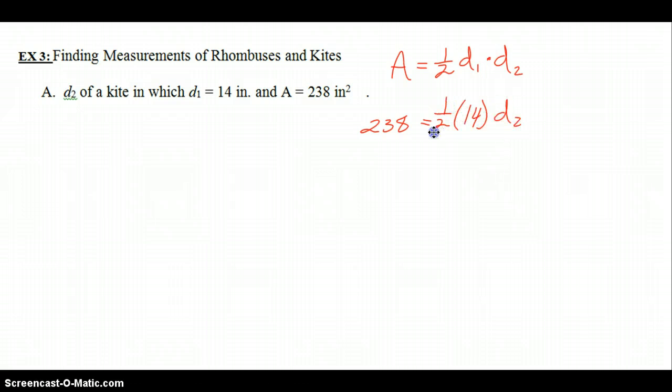Let's go ahead and do half of 14 first, just simplify that. 238 equals 7 times diagonal 2. Half of 14 is 7. So now to solve for diagonal 2, we just divide both sides by 7. In dividing both sides by 7, you can see that the diagonal 2 that you're asked to find is 34 inches.